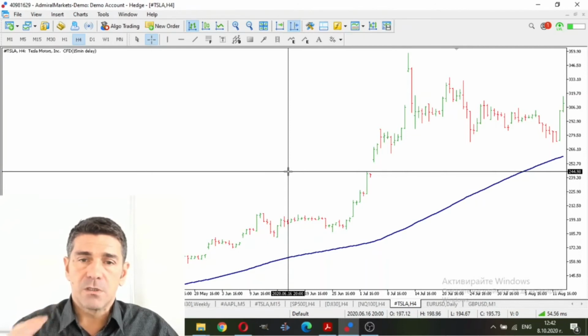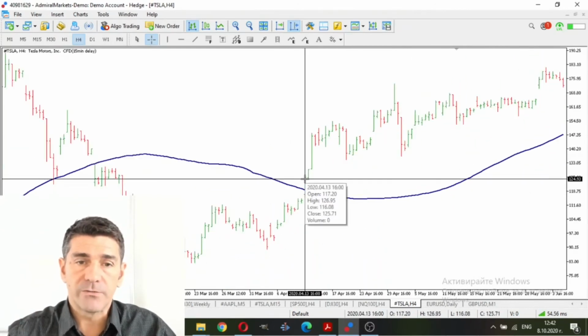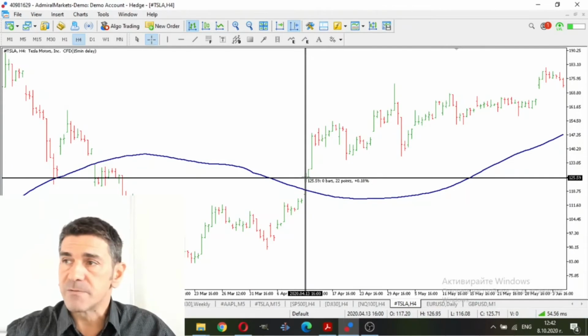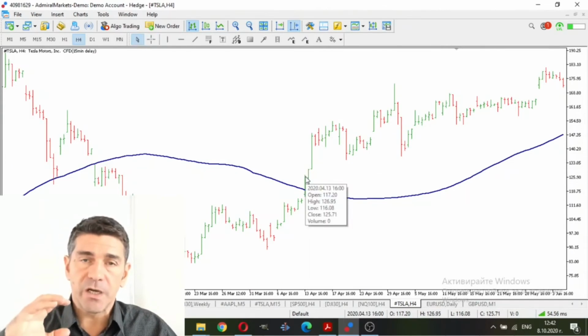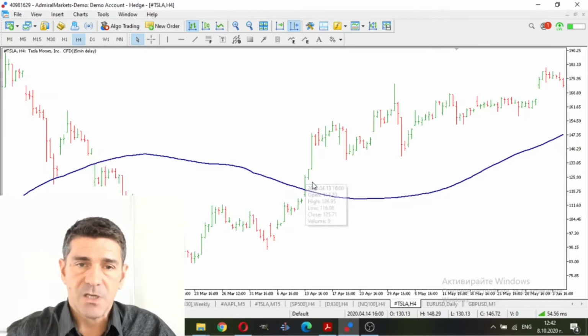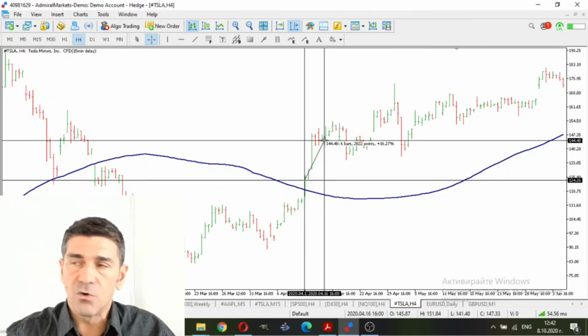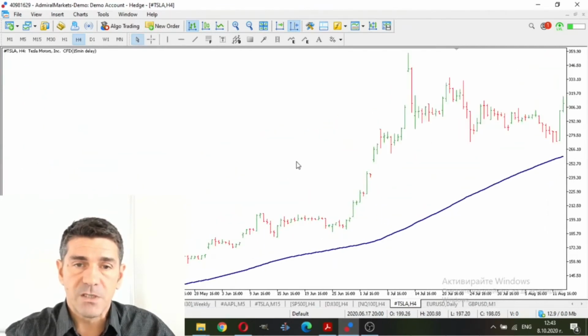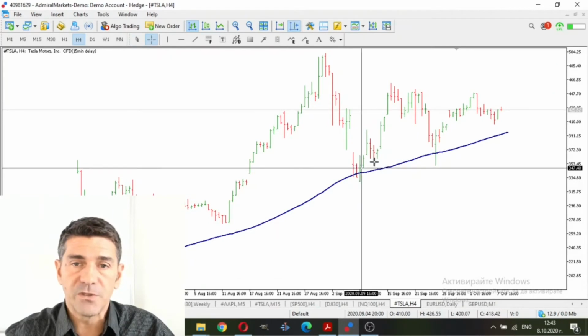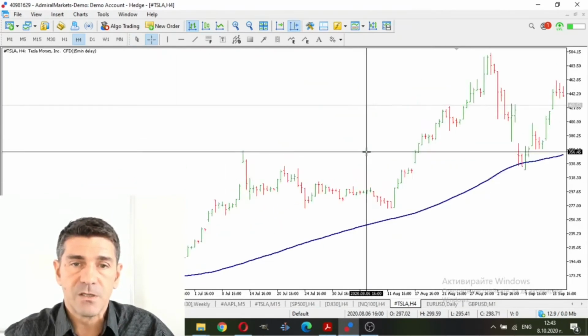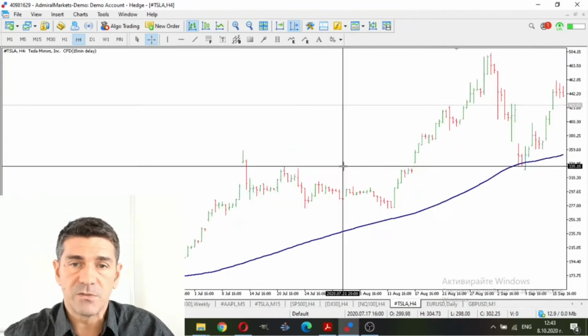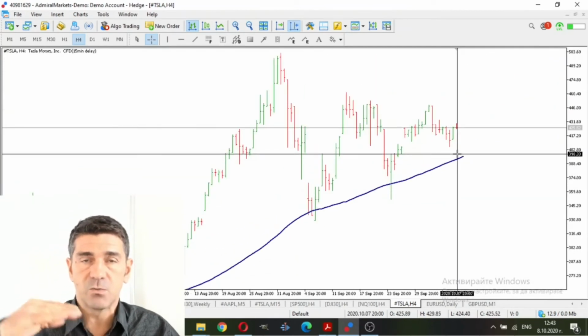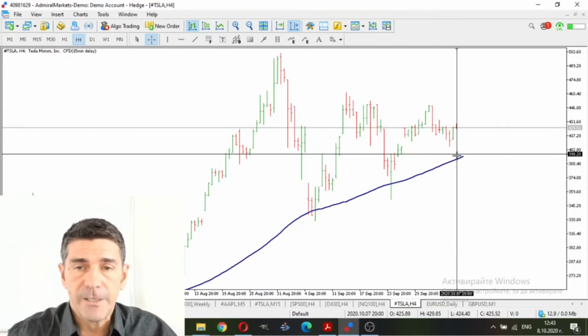What we have to look for: if the prices make a breakout above the moving average, we consider that from this moment on we have an uptrend. Let's take a look at how long we have an uptrend. From this moment until the end of the chart, we are still in an uptrend.